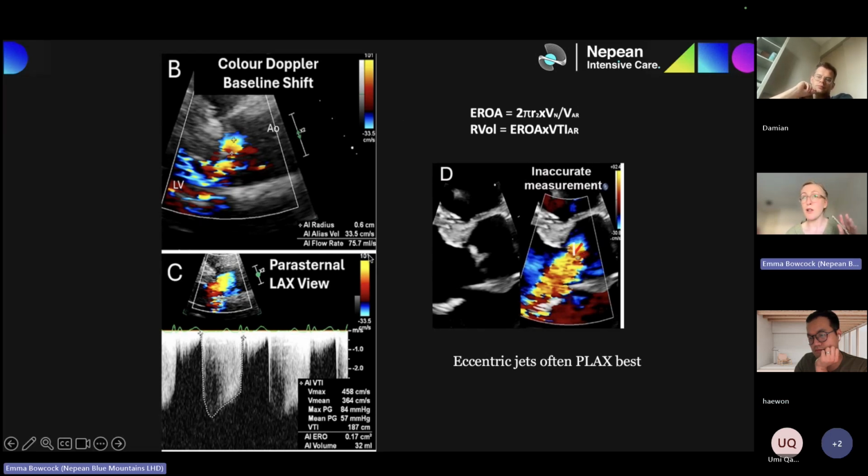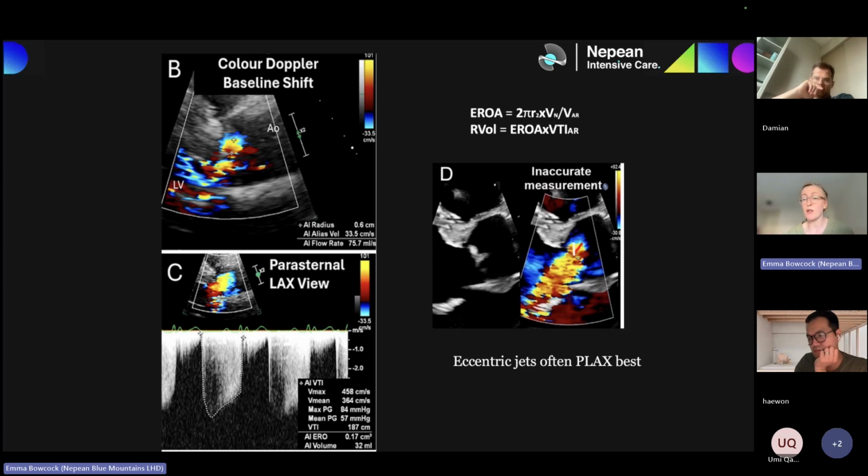Then if we know the flow rate and we know the velocity, flow equals area times velocity. We can then do flow divided by velocity, and that gives us our effective regurgitant orifice area, which is not the same as the anatomical regurgitant orifice area, but it's at the point of the vena contracta, and it's the thing that's prognostic for these patients.